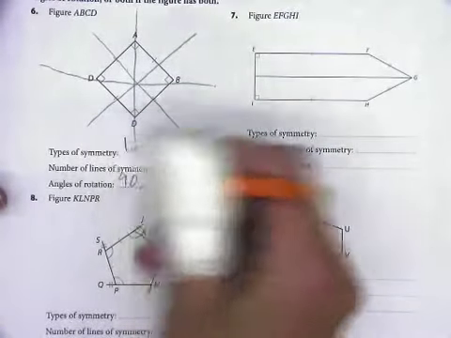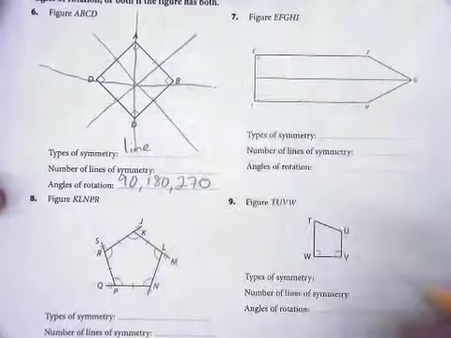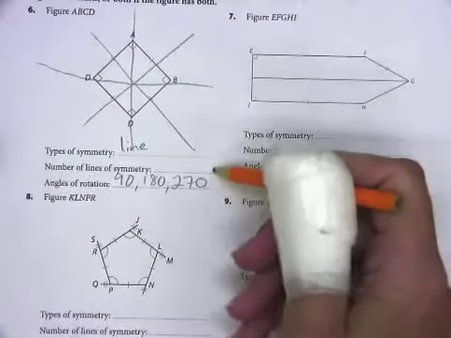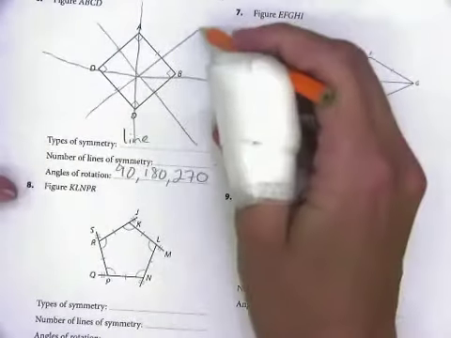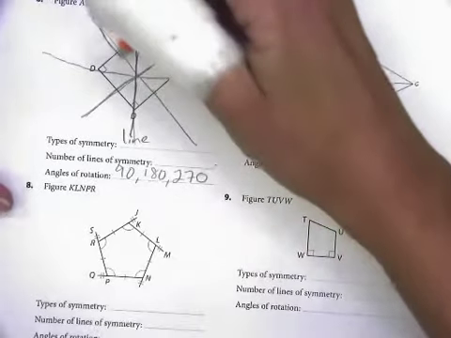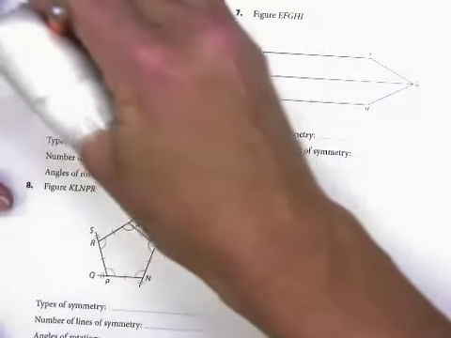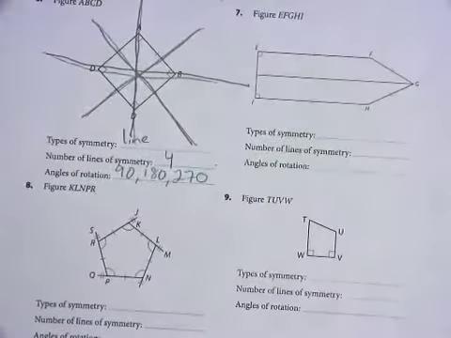So it has line symmetry. And I know that I could also rotate this figure 90 degrees, 180 degrees, and 270 degrees. It is also asking for the number of lines of symmetry. So there's 1, 2, 3, 4.